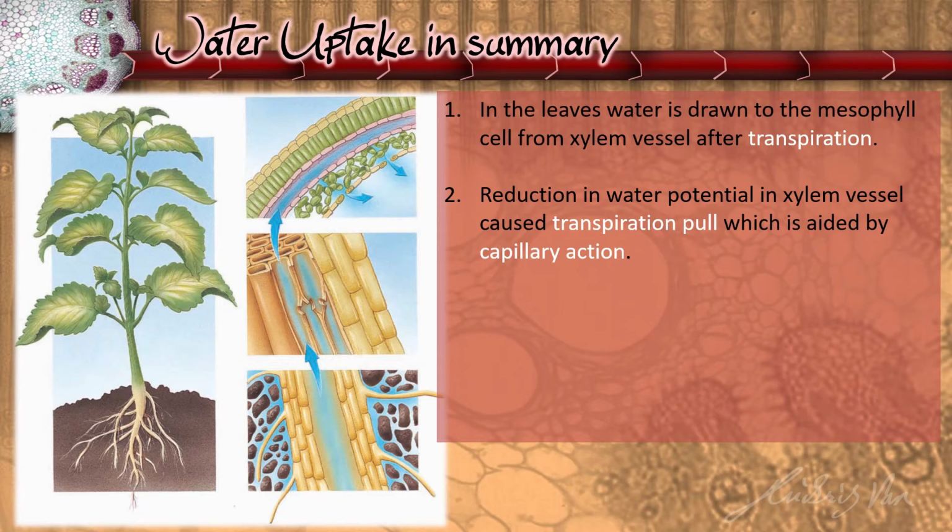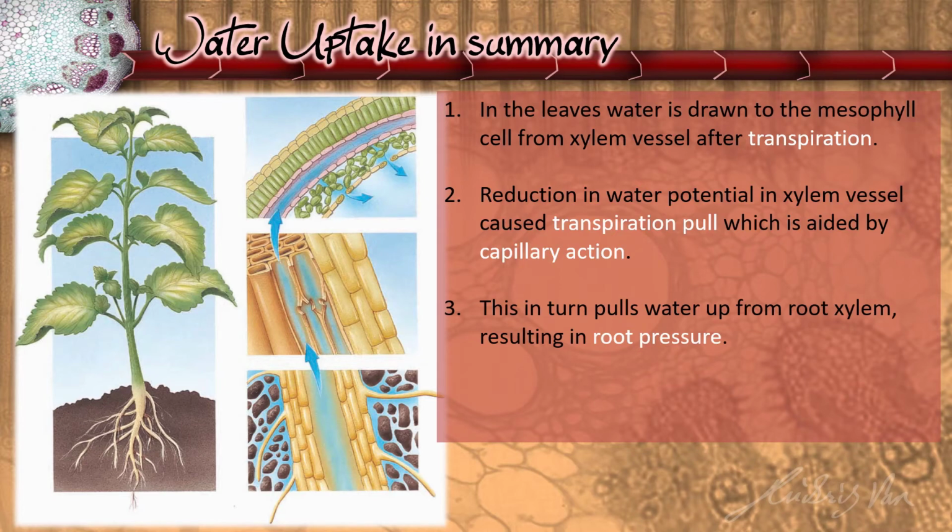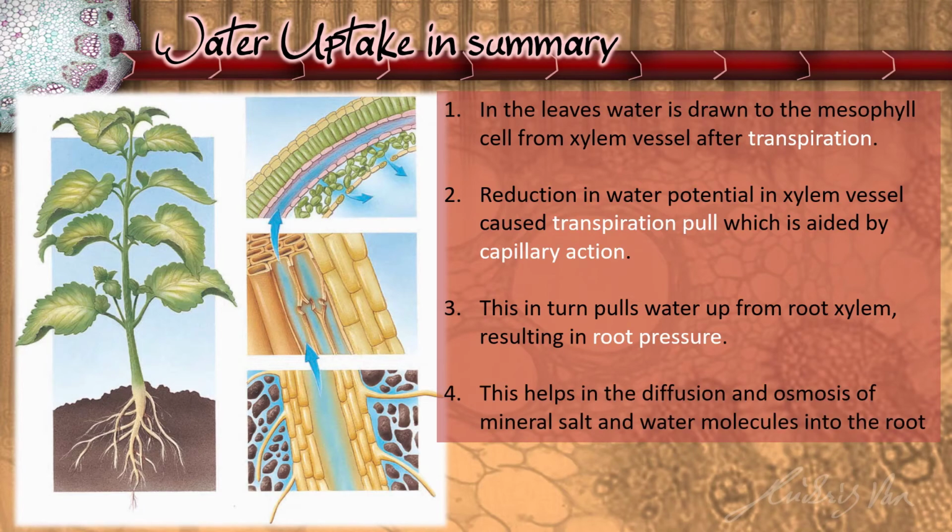So this happens in the stem of the plant. This will in turn pull the water up from the root xylem, resulting in root pressure because the water potential has decreased. This will help in the diffusion and osmosis of mineral salt as well as water molecules into the root.